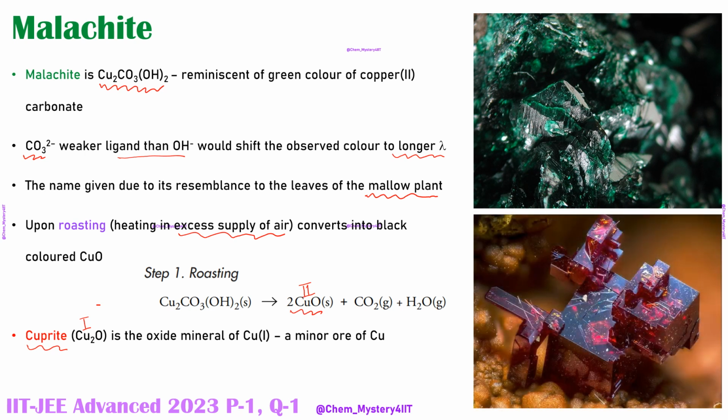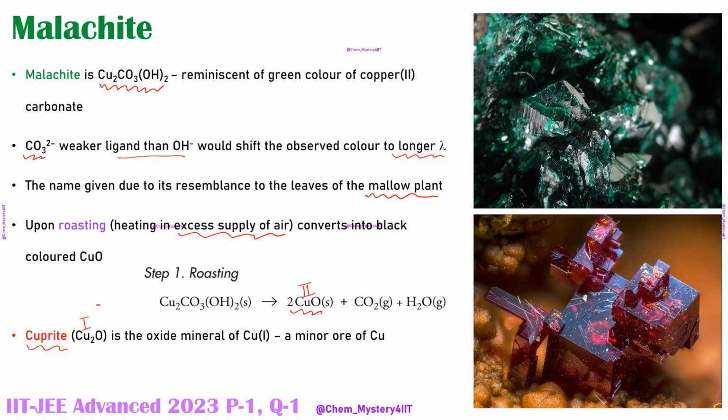That is how cuprite looks like. That is Cu2O, cuprous oxide. Also, there is something not very right in option number 1. Why am I saying that? Because when we refer to cuprite, we are talking about the ore of copper which exists in nature. And when we are doing metallurgical operations, like roasting of malachite, for the processed ore the name used could have been cuprous oxide or cupric oxide.